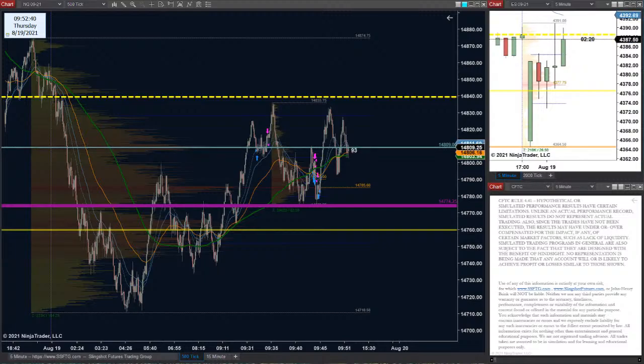We've got 10 o'clock around the corner. Not too far away. Still just hovering. Nice little wedge going on inside here.